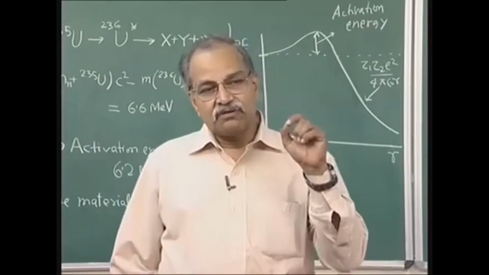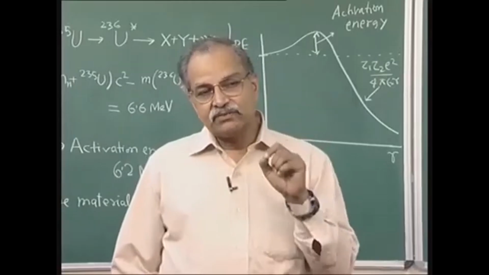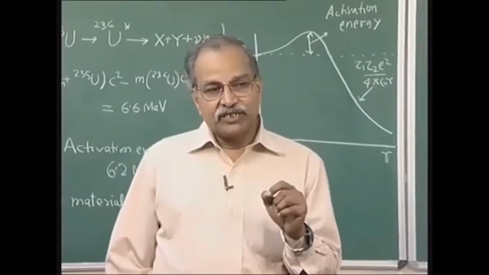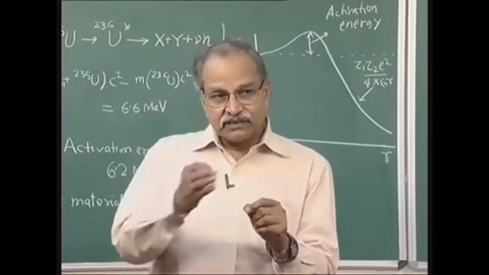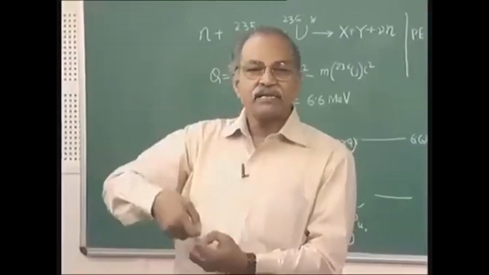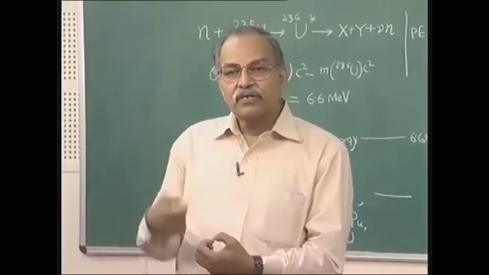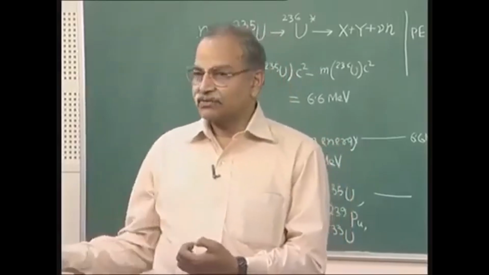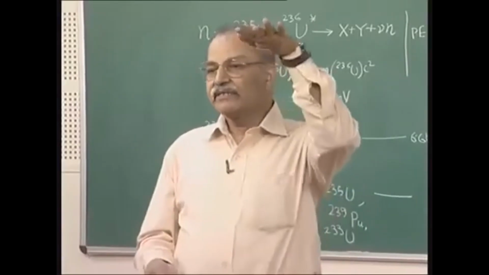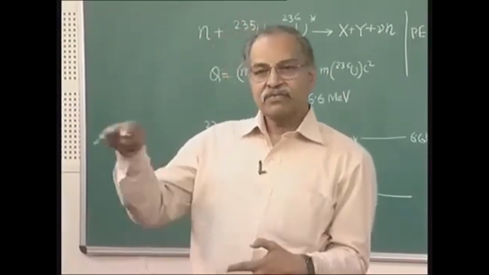The neutron does get absorbed into the nucleus, but then it does not fission. The extra energy, that higher energy, is lowered by emission of gamma rays. So, you have a nucleus in excited state, so it can always de-excite by emitting a gamma ray.